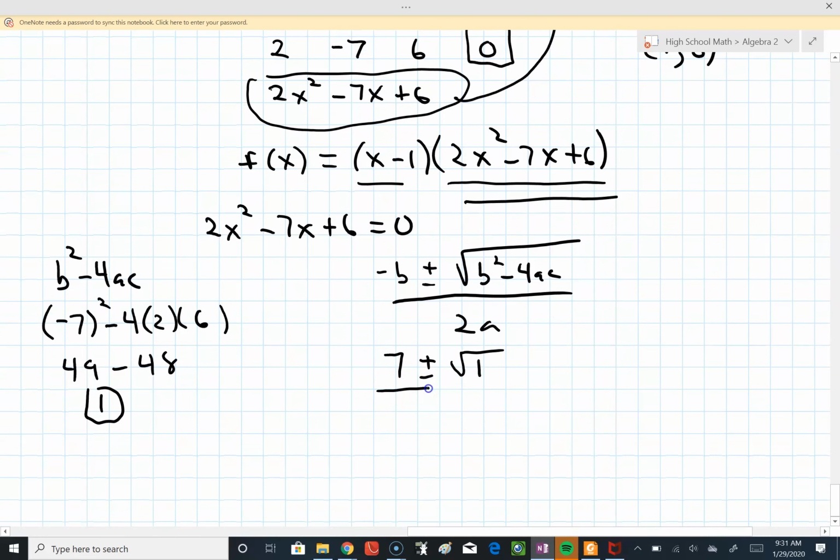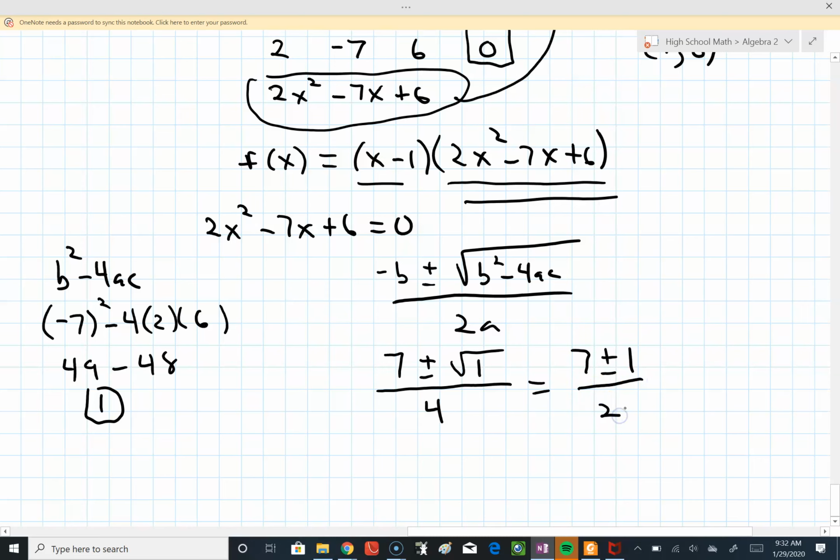What's 2 times a? Good. Equals, what's the square root of 1? Lord have mercy. What is the square root of 1? 1. The square root of 1 is 1.